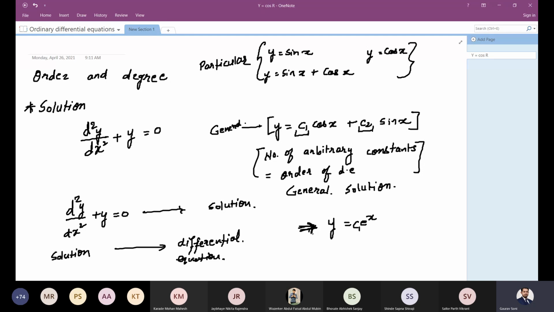Anyone, how can you do it? Any idea that you have, we could discuss that idea and come to some conclusion. Y is equal to c1 e to the power x seems like a general solution for some differential equation. I need to understand what that differential equation is.